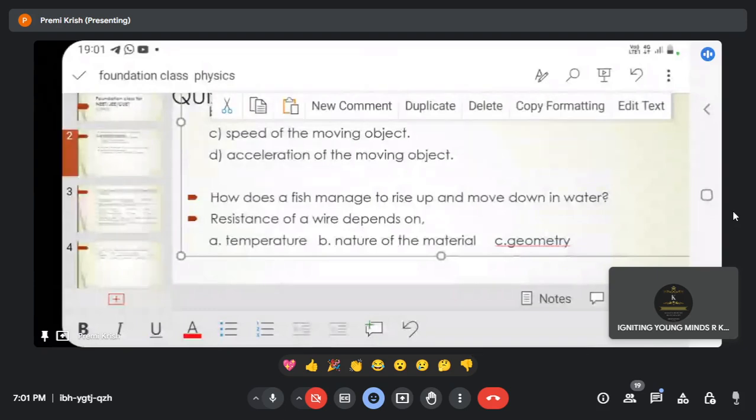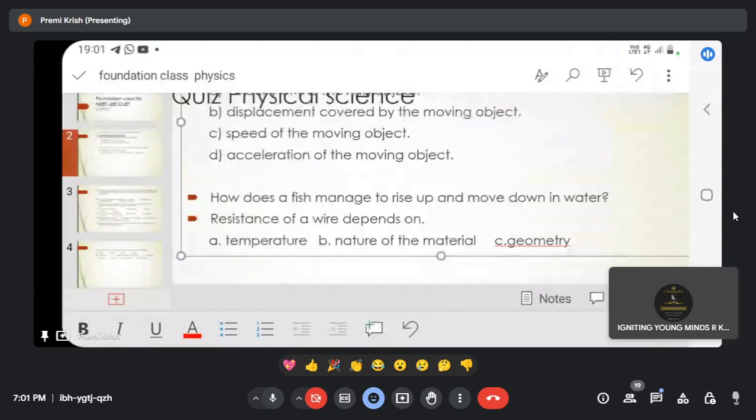So resistance is directly proportional to the length and inversely proportional to the cross-sectional area. So the answer is resistance of a wire depends on temperature, nature of the material, and geometry. Geometry means the length and area. Okay, super. Now let's go to the next question.